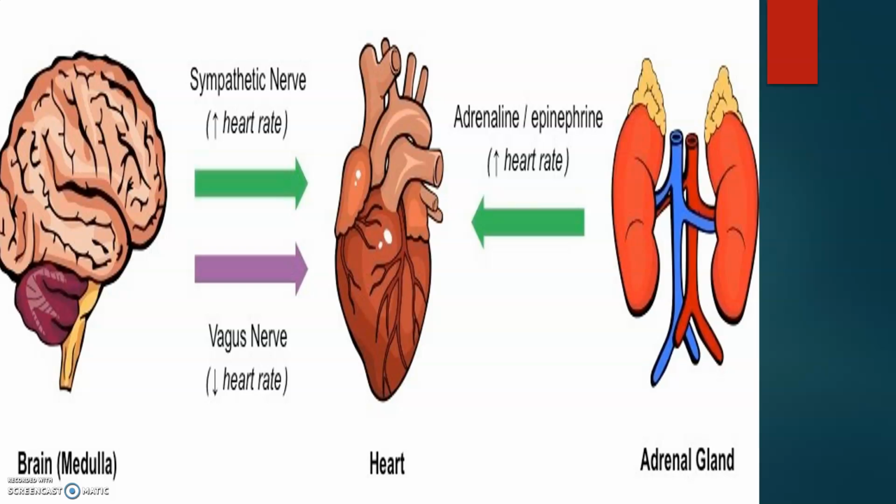You remember triple F stands for fight, flight and fright. So whether we get scared, or we are running from a situation, or we are fighting, in all three situations the release of adrenaline or epinephrine by the adrenal gland, also called the suprarenal gland as it is located above the kidneys, increases the activity of the heart.